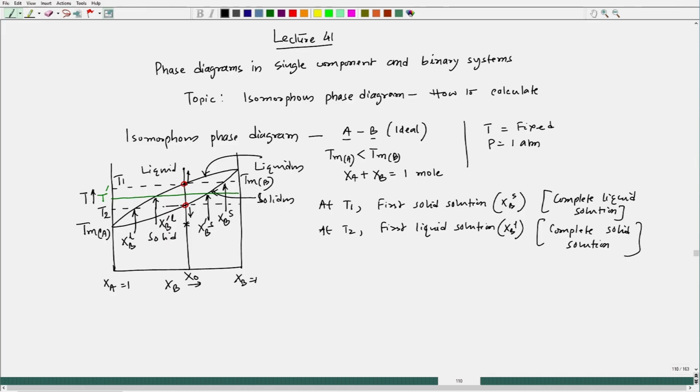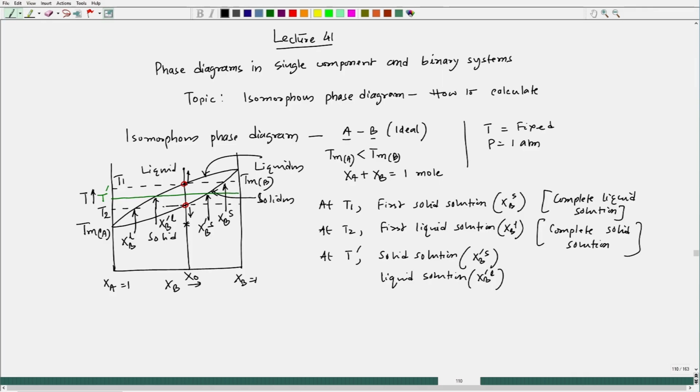Okay. So, these two phases it will break into. So, at T prime the solid solution would have composition XB prime solid, and the liquid solution would have composition XB prime liquid. Okay. These two phases would be there.